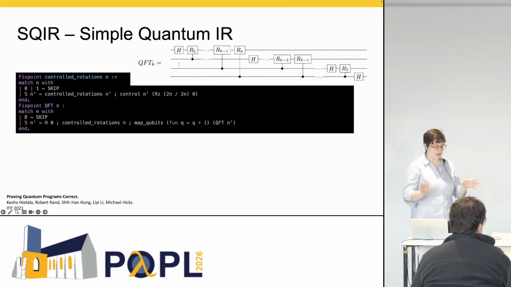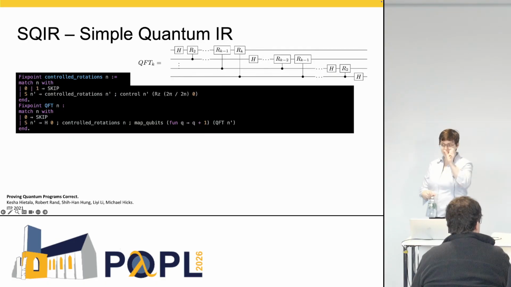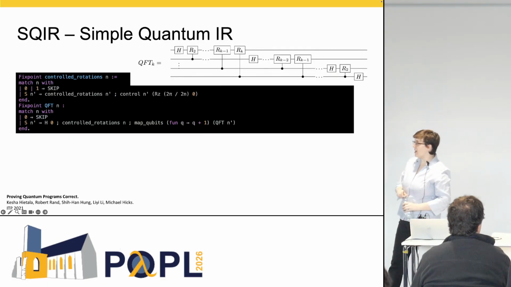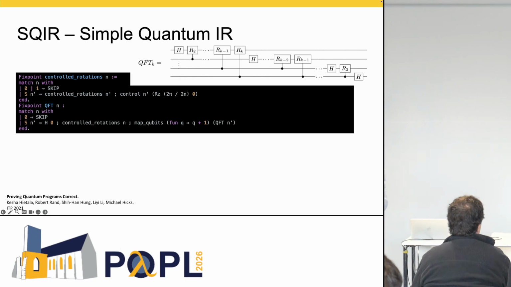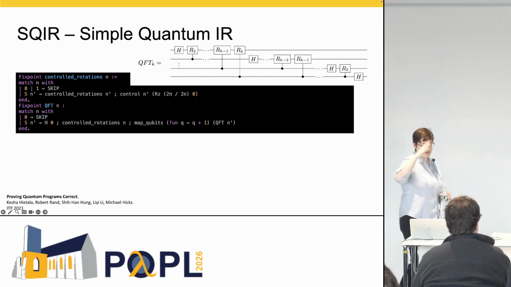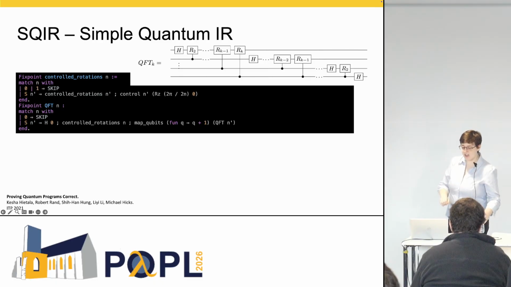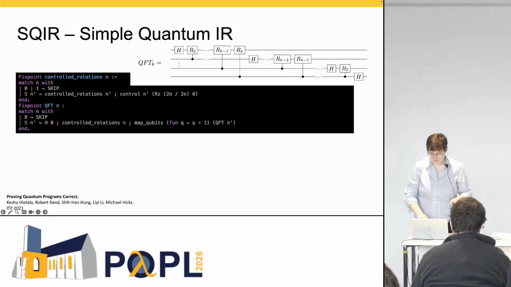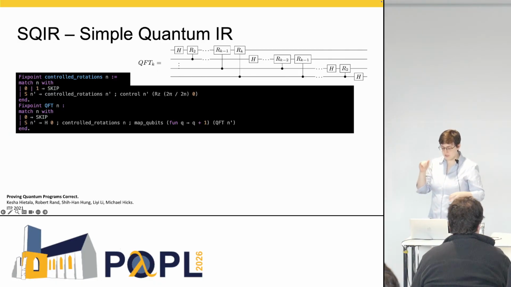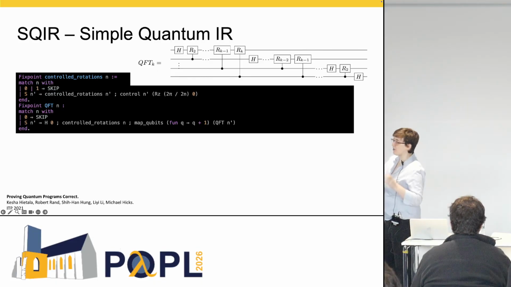So here's an example that touches on just a little bit of this problem. Here we have a circuit, an example in Squire, which is one of the follow-on languages following QWIRE, a simple quantum IR. Here we have a description of a parameterized circuit.